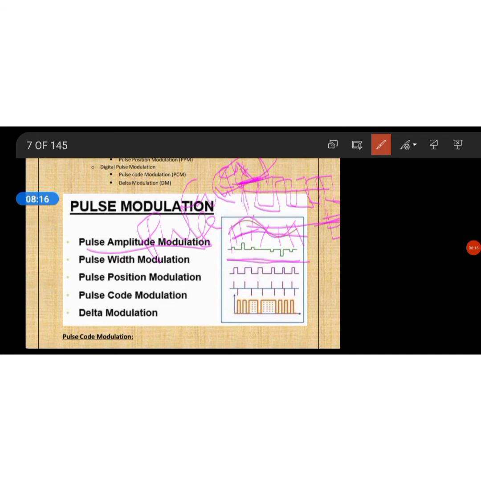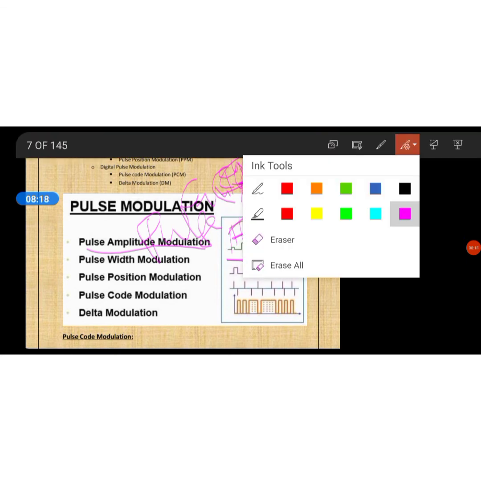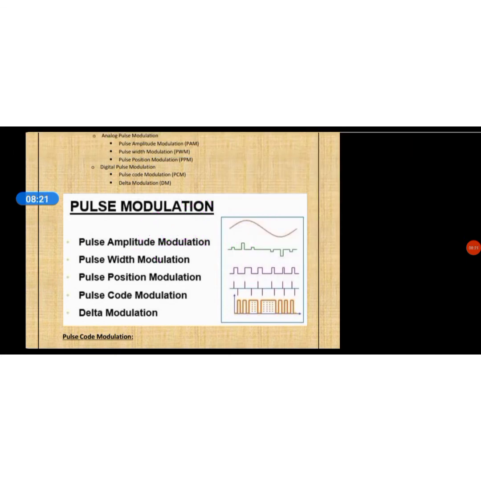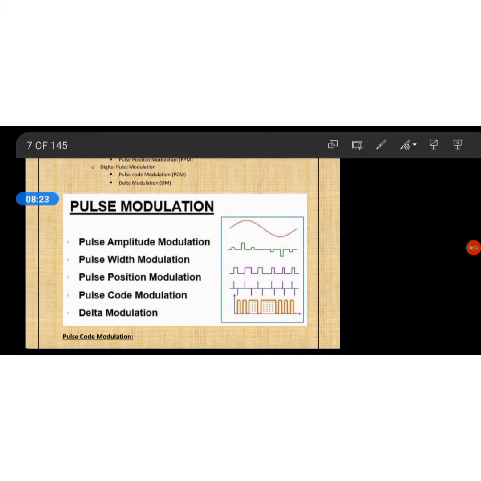At this instant, the amplitude will be low. And in this instant, the amplitude is high. When compared to this amplitude, this is also high.